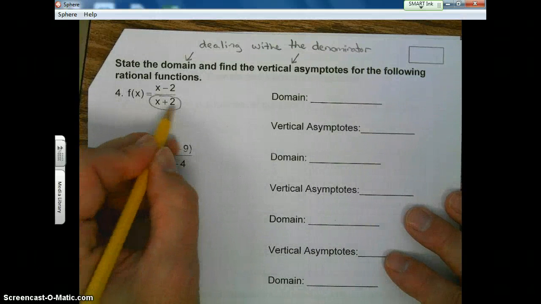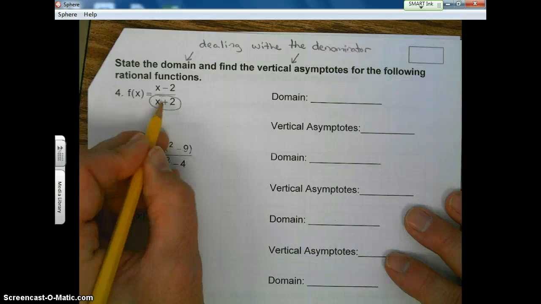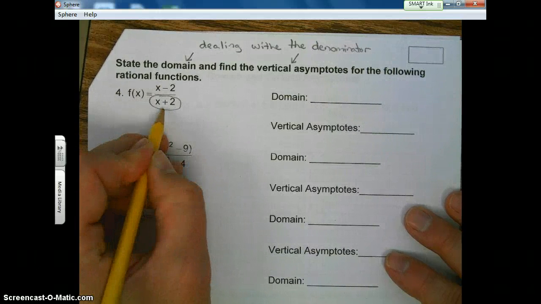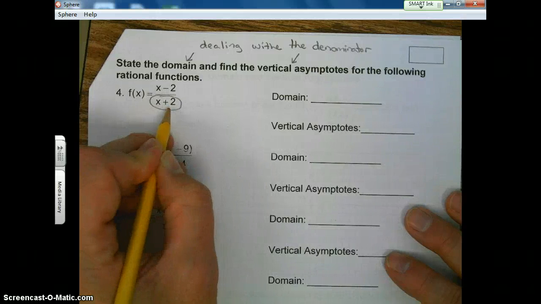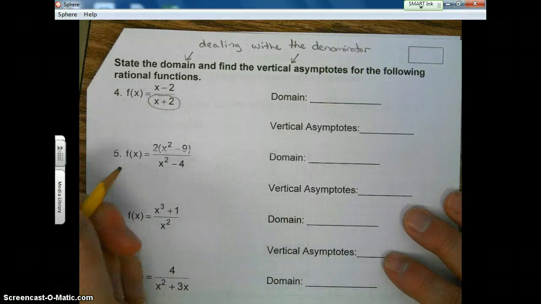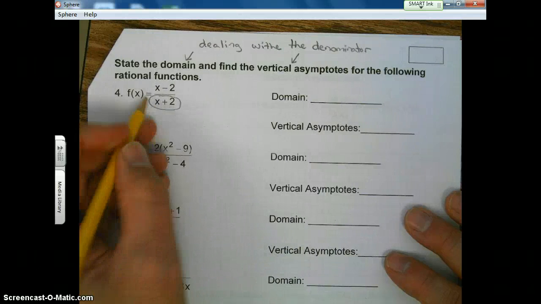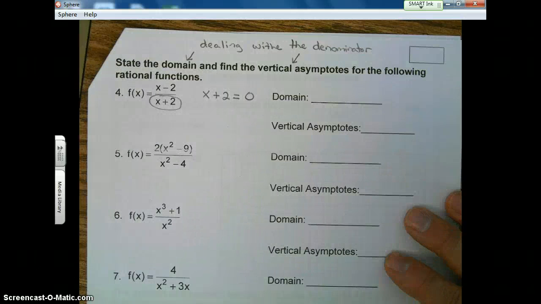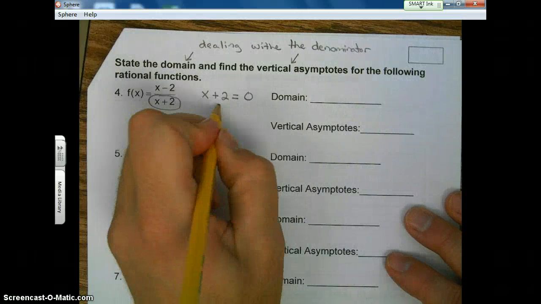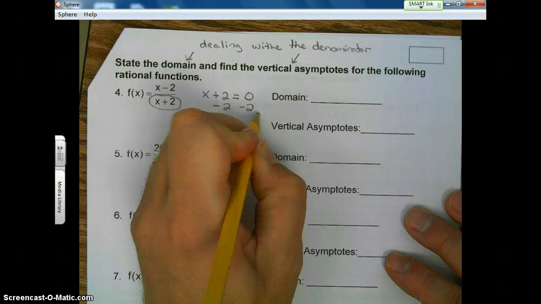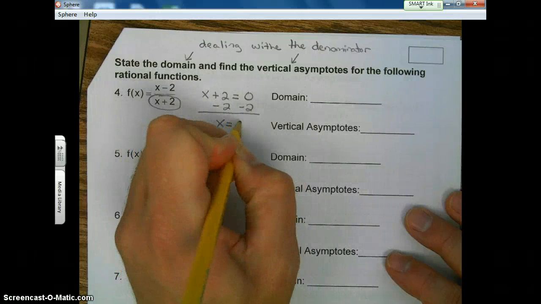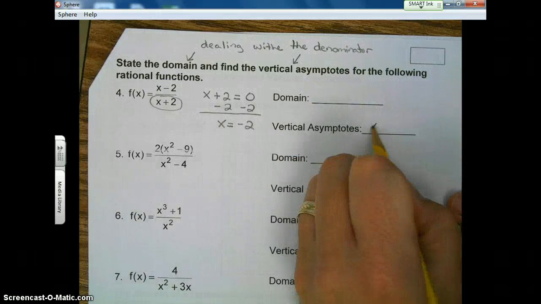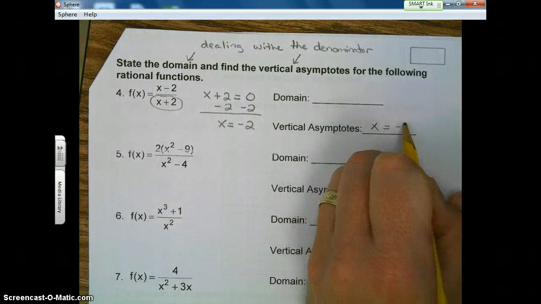Remember, real simple. We take that denominator, make sure there's no common factors here. Okay, they're different. X minus 2 and x plus 2, they're different. And eventually when they are the same, I'll explain what happens then. So x plus 2, first step, set it equal to 0. So when you solve that, you have just given me the vertical asymptote.